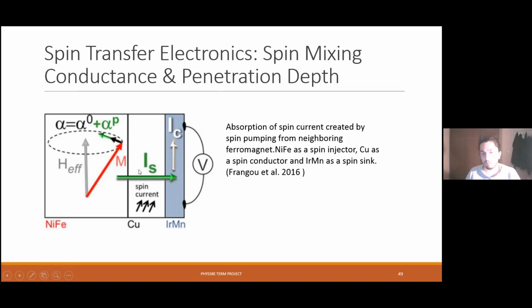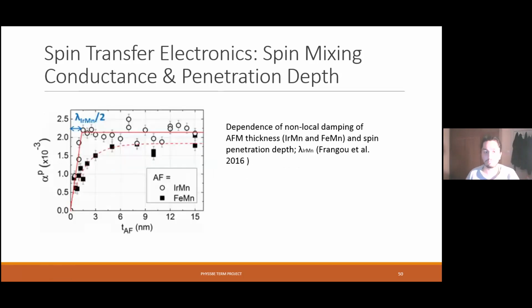When it comes to inserting the spin current into the antiferromagnetic layer, it is observed that there is a current and a potential difference, which is important to understand the thickness dependence of the iron manganese to analyze the spin penetration depth, how far spin can go inside the system.